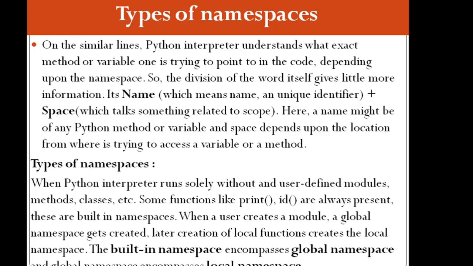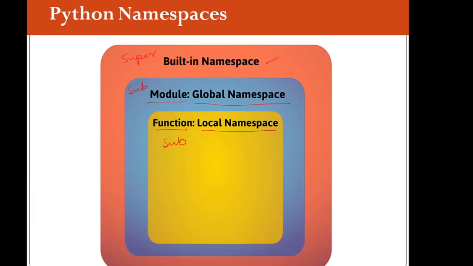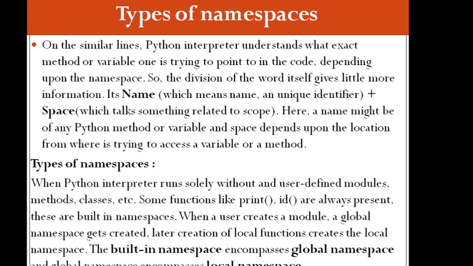When the Python interpreter runs solely without any user defined modules, methods and classes, some functions like print and id are always present. These are built-in namespaces. So in built-in spaces, we can see that print is coming, id is there, so they are coming in built-in namespaces.